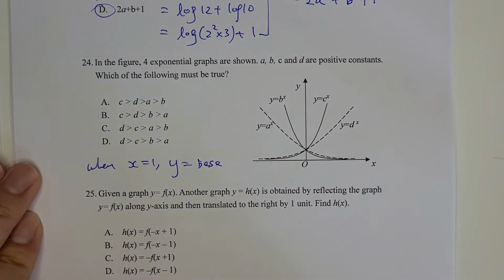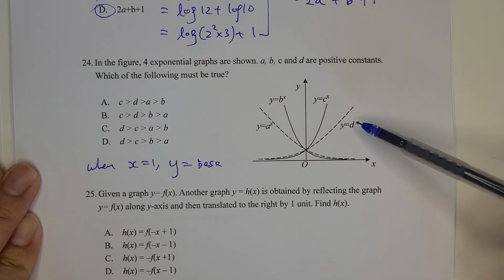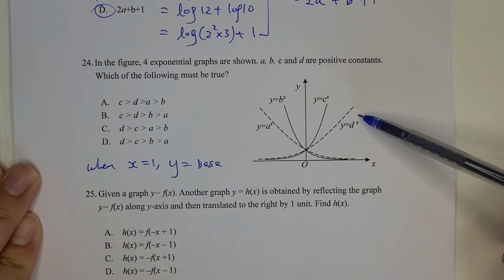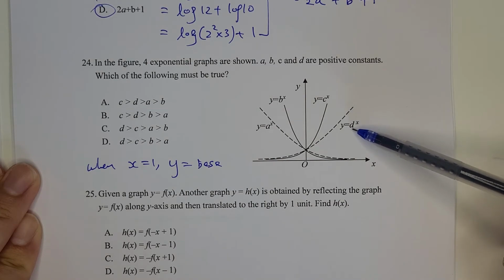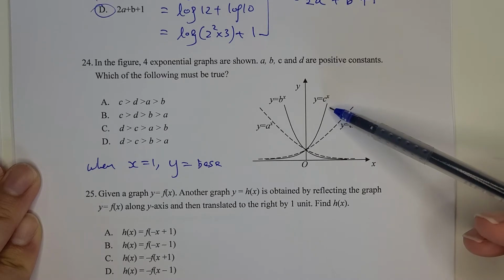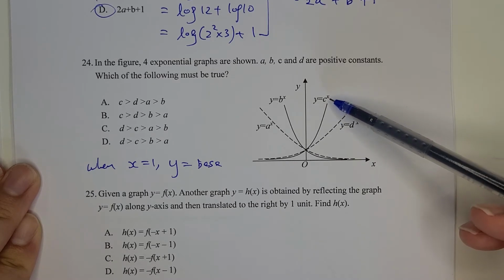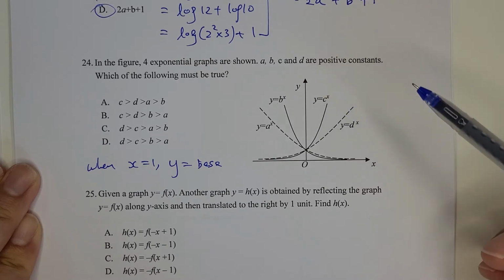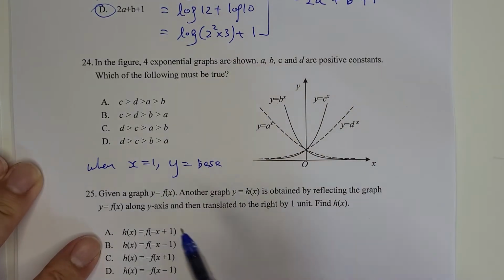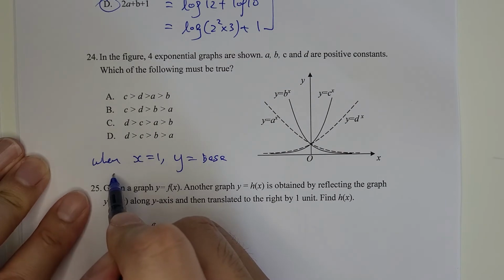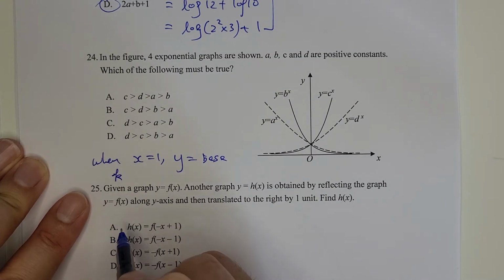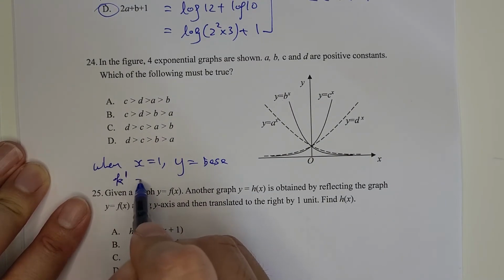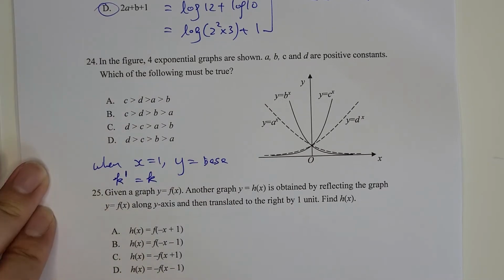What does that mean? When you substitute x equals 1 in this line, y equals d. That's the base. When you substitute x equals 1 here, y equals c. Again, the base. Because there's a very common concept that for any positive number k to the power 1, it goes back to k itself.